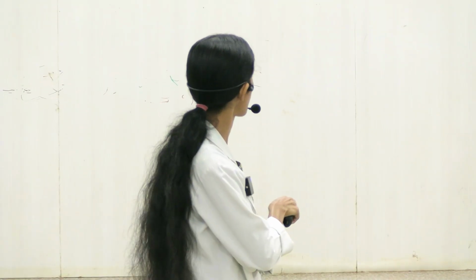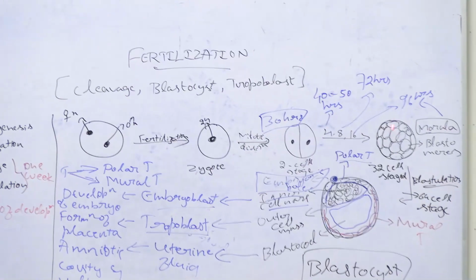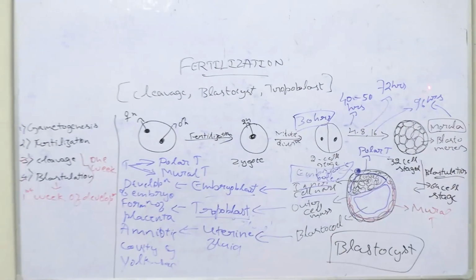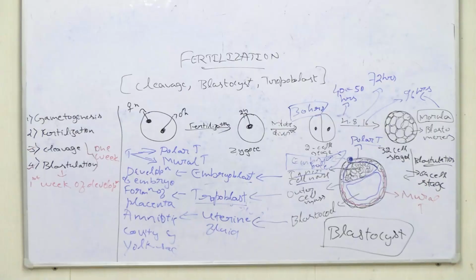The process for the 3 cell stage and 5 cell stage division is, after fertilization, the zygote will undergo an unequal division. Here I have almost shown the equal cell division and mentioned it as the 2 cell stage. Exactly this 2 cell stage, but it will undergo an unequal division. One cell will be larger and the other one will be smaller.